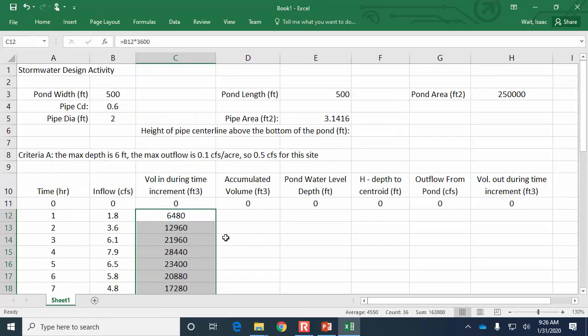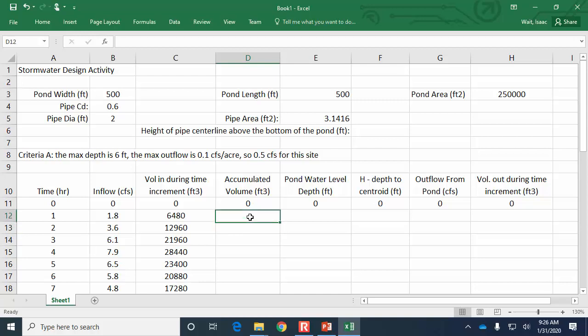So each row on the spreadsheet represents a 1 hour period. And so the accumulated volume is saying what's the difference between the inflow and the outflow. We only had inflow. If you look at the outflow, there was no outflow during the previous hour, and so the accumulated volume is simply going to be how much came in this hour.